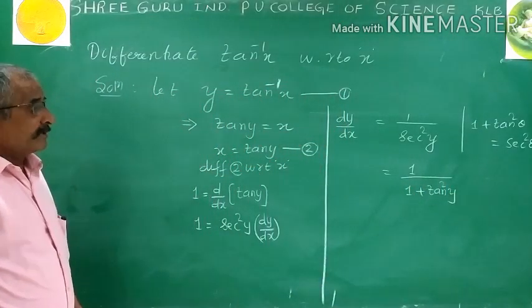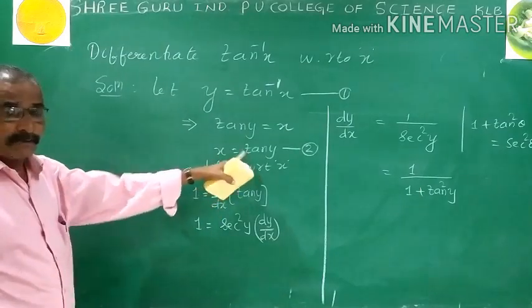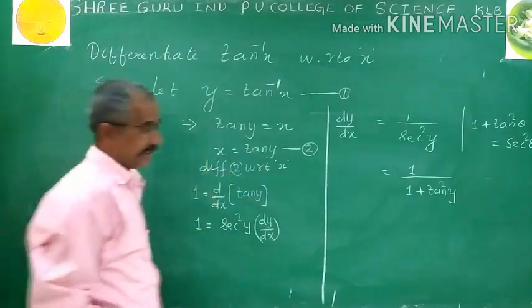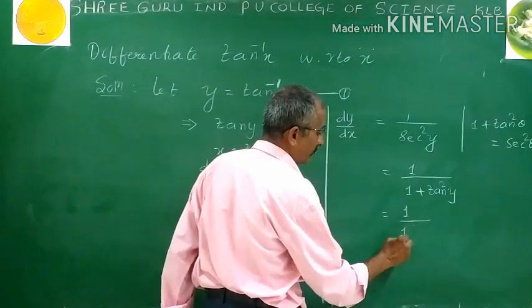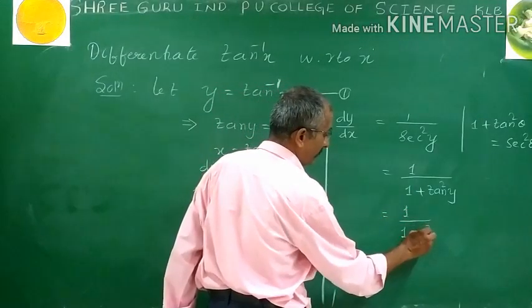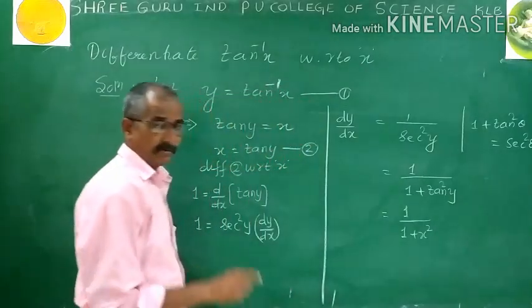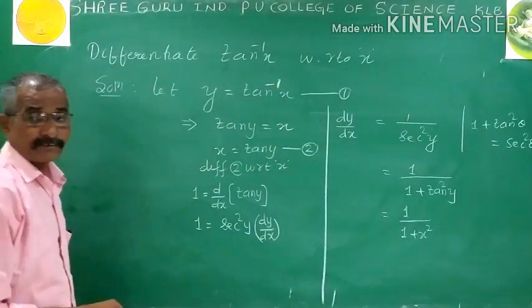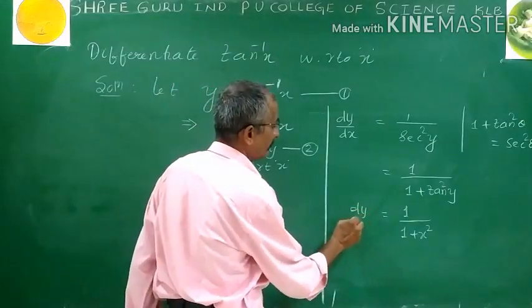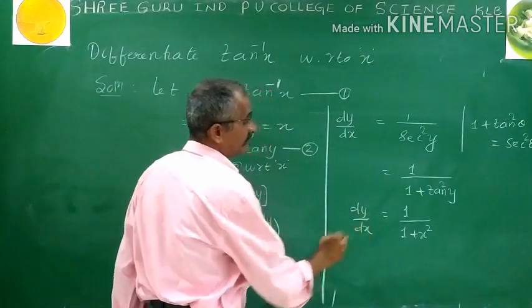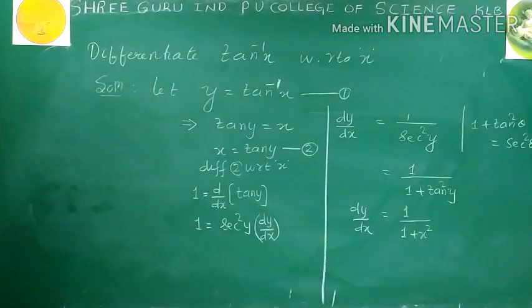Now let's use equation 2. From equation 2, tan y is given by x. Now it becomes 1 divided by 1 plus x square. That is what we got, the differentiation of tan inverse of x. Let's write the same result in our convenient formula manner.